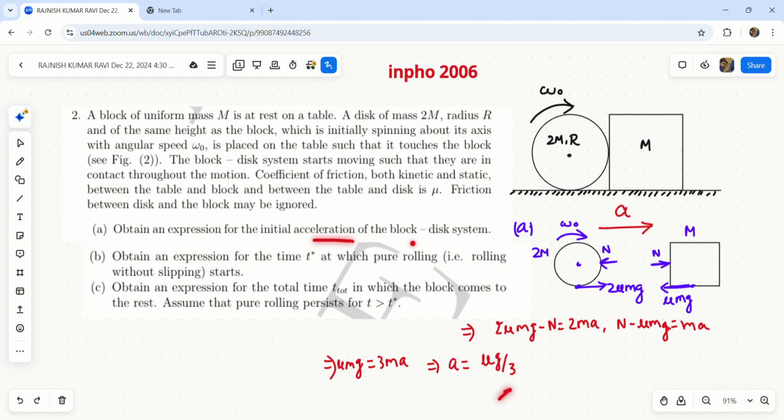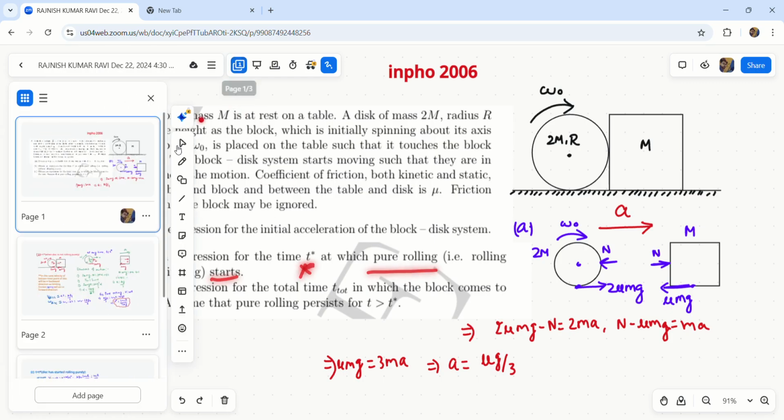So the initial acceleration of the block-disk system will be mu g by 3. Since they are in contact throughout, we have assumed that they are moving with a common acceleration a. Now in part B, we have to find t star at which pure rolling starts.